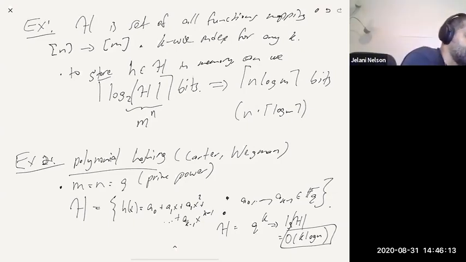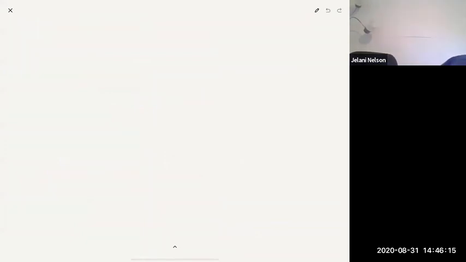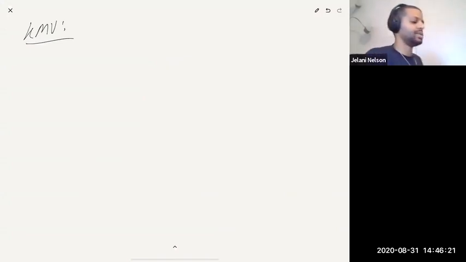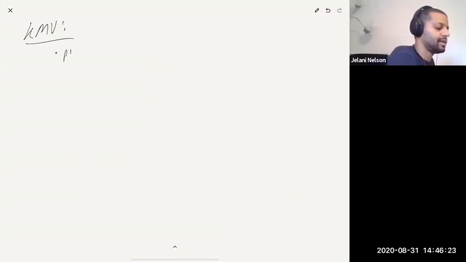Okay. So now the claim is, back to the KMV algorithm. What we're going to do is pick a hash function g, which maps 1 to n into a range, let's say capital M, from a 2-wise independent family. And think of capital M as large. Capital M will be something like n cubed.